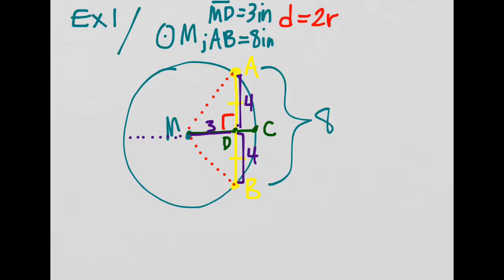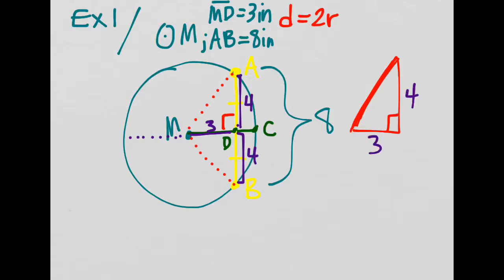But if I were to pull this little triangle out, I know that it's a right triangle. And I know that this hypotenuse here is the same as this dotted line right here. And this dotted line happens to be a radius, and once I get the radius, I can then find the diameter. It's also given that this is 4 and this is 3.